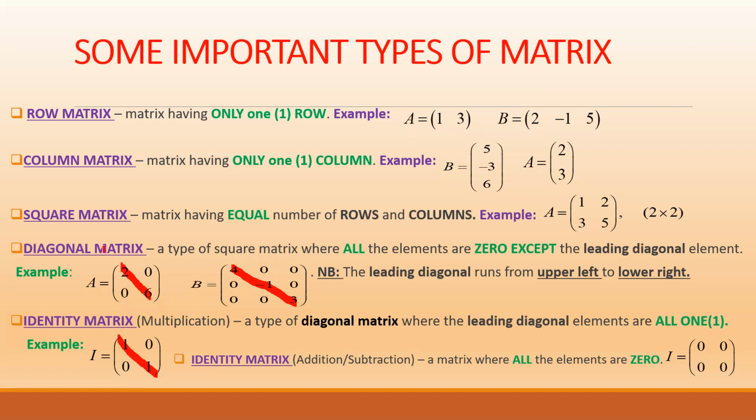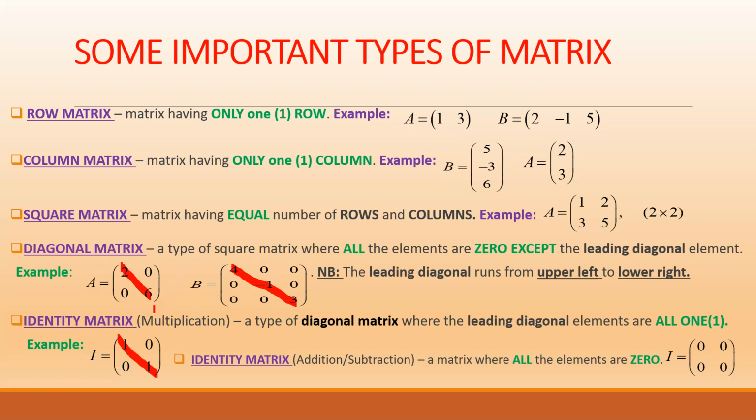However, the simple difference between the diagonal matrix and the identity matrix is that for the identity matrix, the leading diagonal elements must be 1. All the elements in the leading diagonal must be 1 for the identity matrix for multiplication. So it is still a diagonal matrix, by definition. However, it becomes the identity matrix for multiplication because the leading diagonal elements are 1.